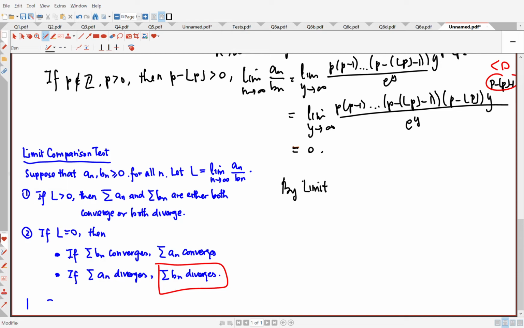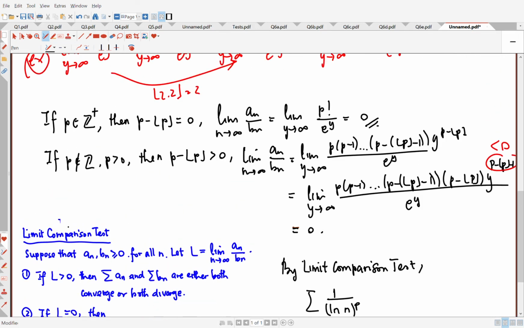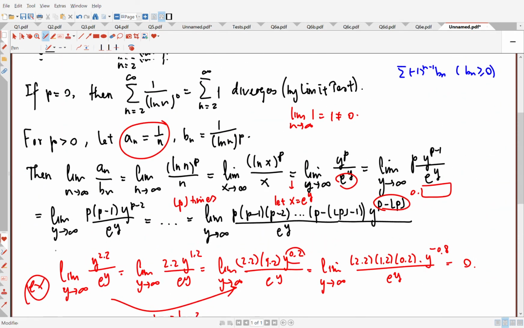So by the limit comparison test, the sum of 1 over ln n to the power p, and it starts from 2, right?